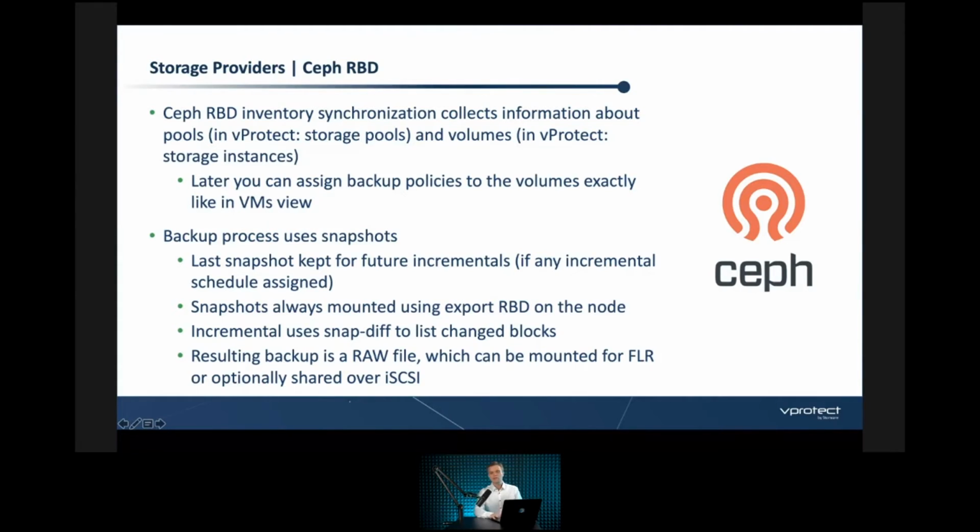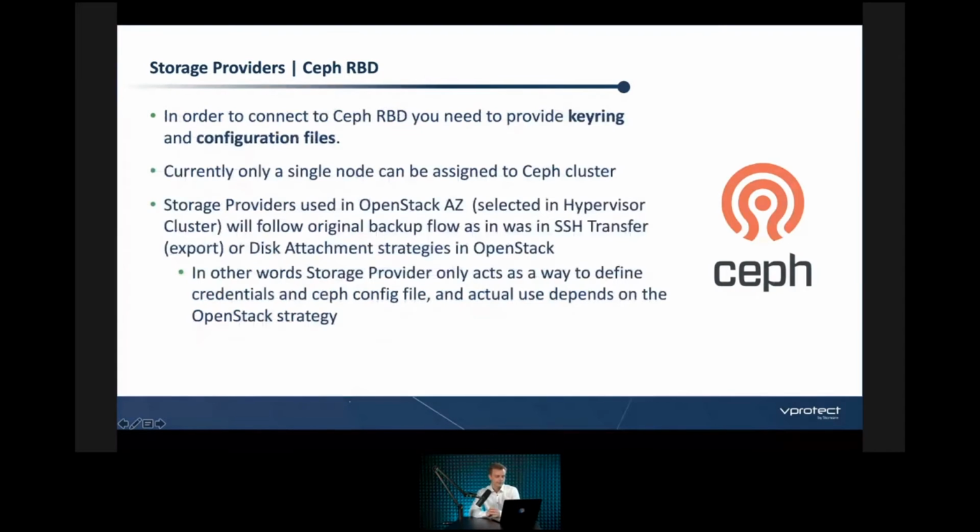That means we are going to just read individual changes with RBD NBD and grab the necessary blocks only from your Ceph, without the need to export data again and again. The result is a raw file, so it automatically enables a few things in VProtect. First of all, file level restore, and second, the option to share over iSCSI.